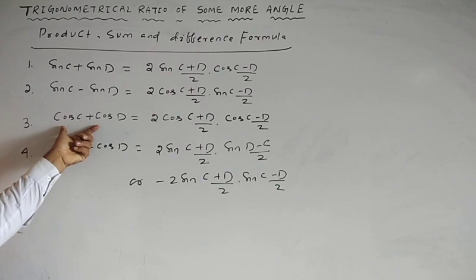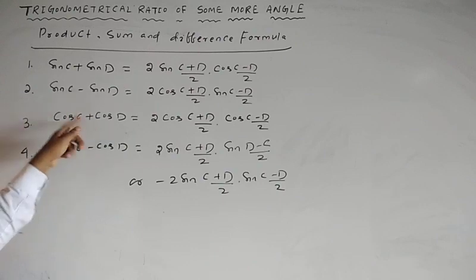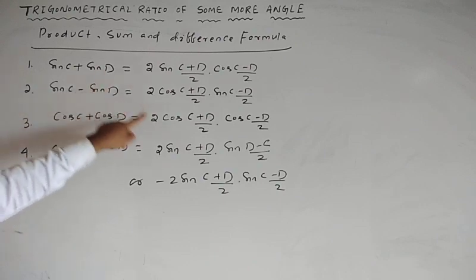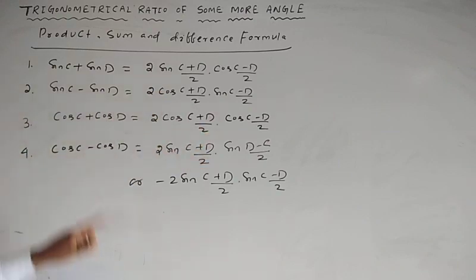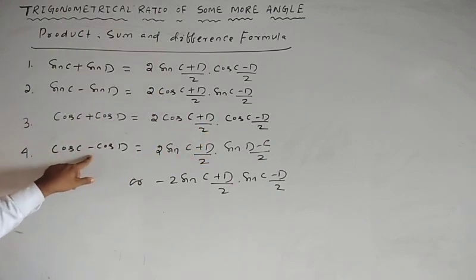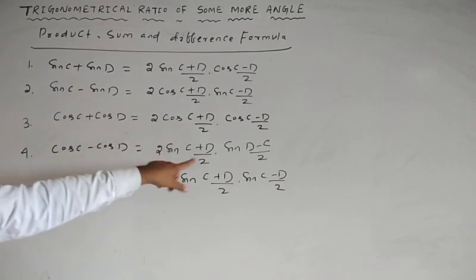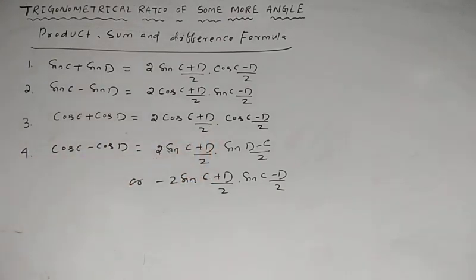If both are cos and plus is there, this one is 2 cos (C plus D)/2 into cos (C minus D)/2. If both are cos and minus is there, then 2 sin (C plus D)/2 into sin (D minus C)/2, or minus 2 sin (C plus D)/2 into sin (C minus D)/2.